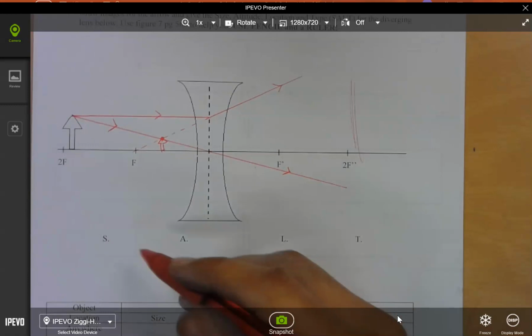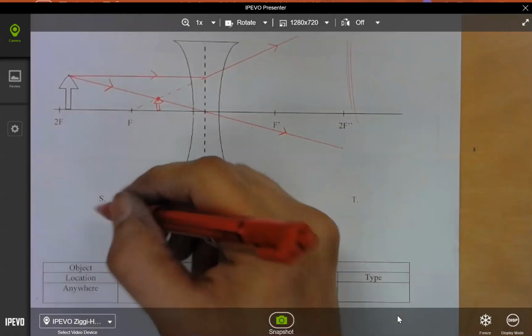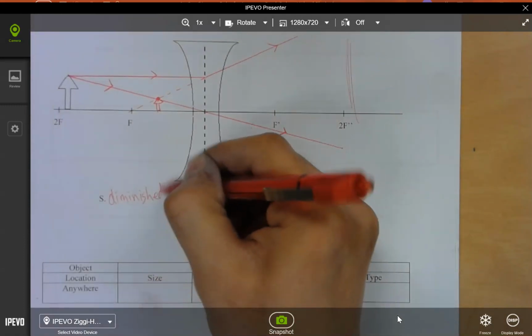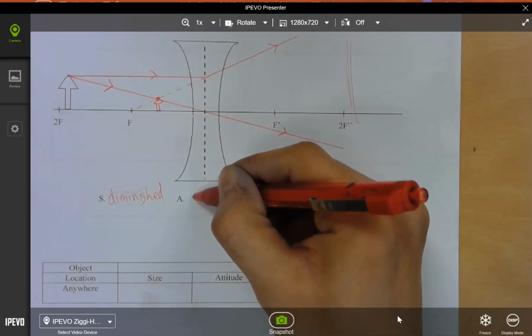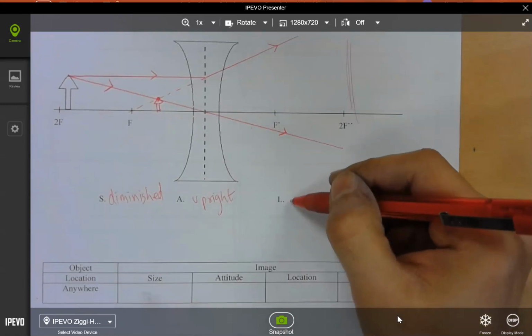We can write the SALT here, or we can fill it in the table. Both are going to be the same. There's only one size. So we have a diminished or smaller image. Our attitude is upright. What is our location?